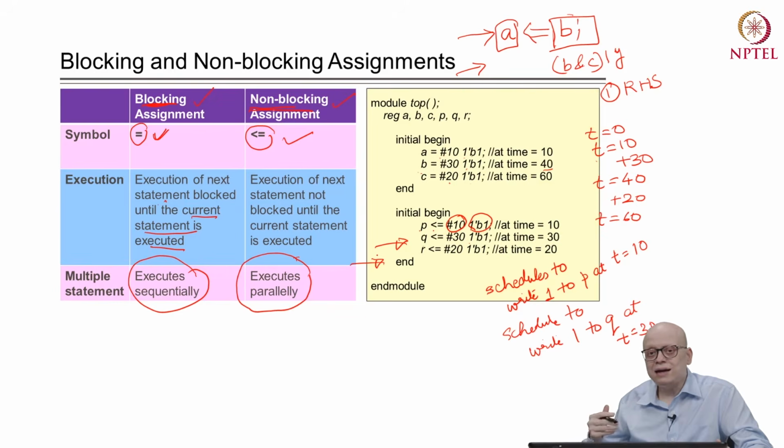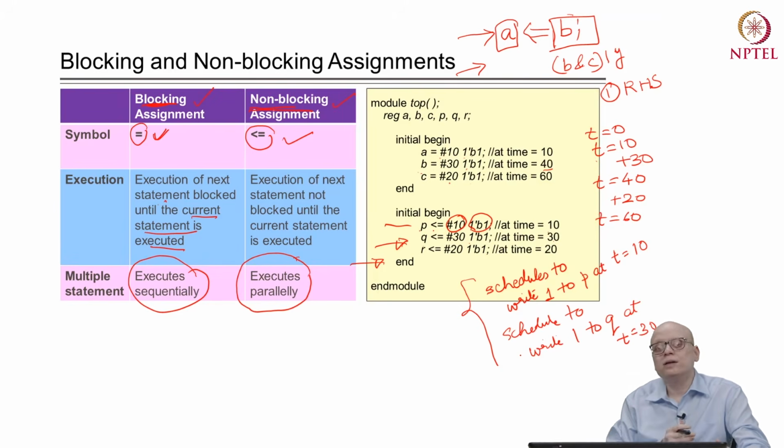Now, at the end it will update all the values. At time 10 P will be getting a value of 1, at 30 the value 1 will be written to Q, and at 20 the value 1 will be written to R. So, as per what was scheduled to be written, the LHS will be updated, all of them together, right.